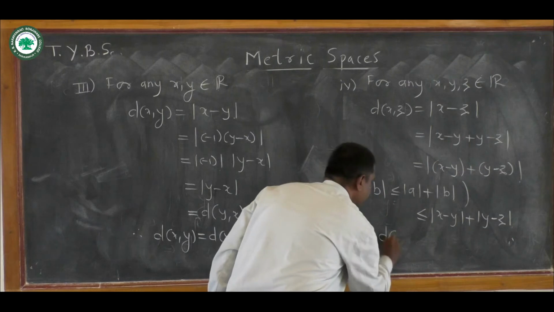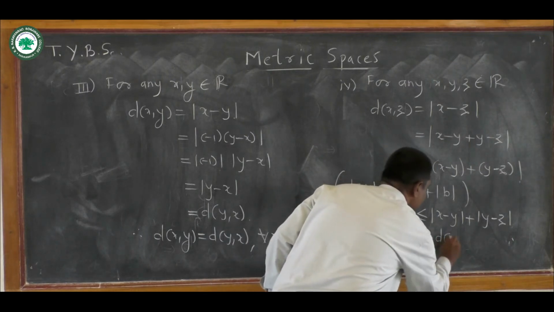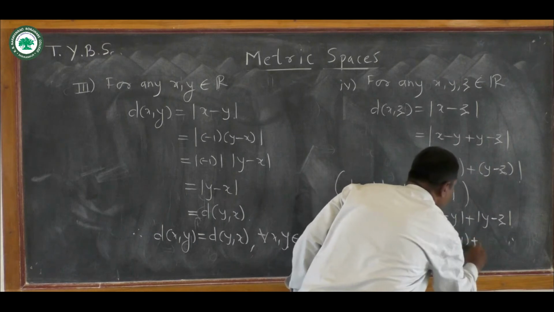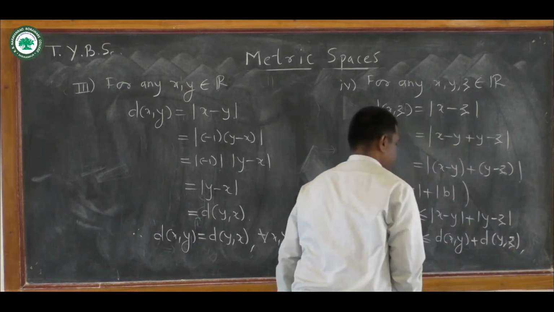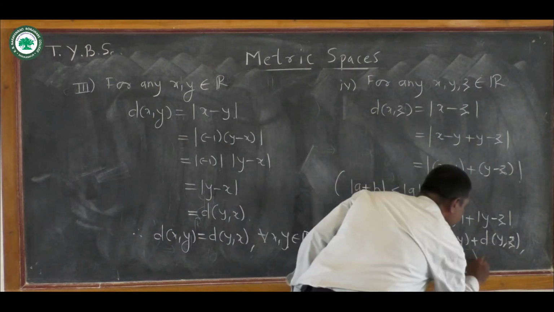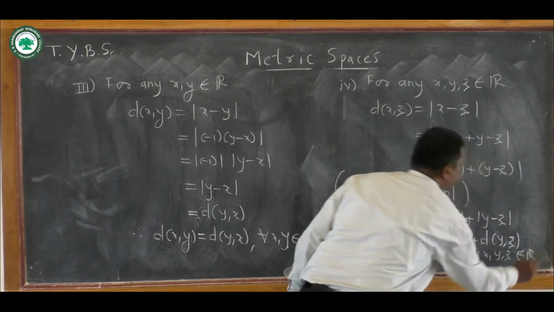Therefore D(x,z) ≤ D(x,y) + D(y,z), for all x, y, z belonging to R.